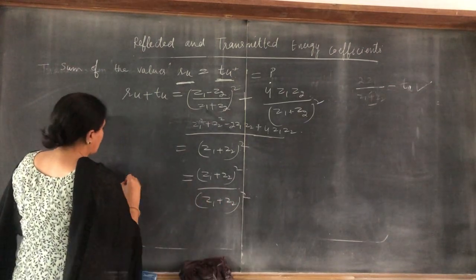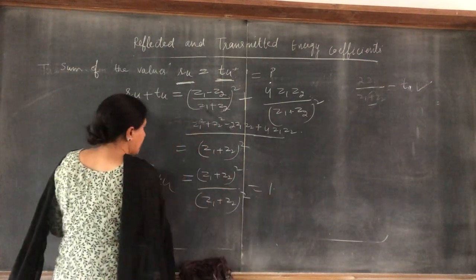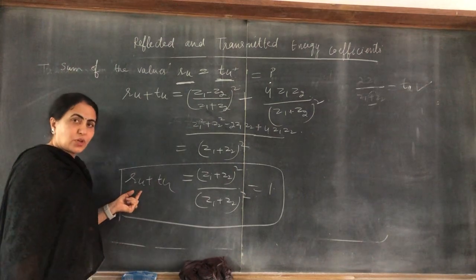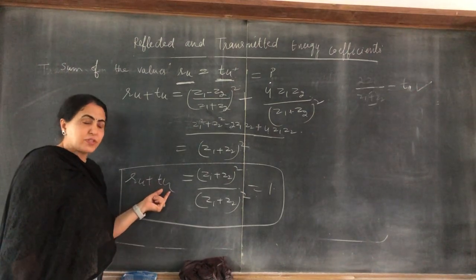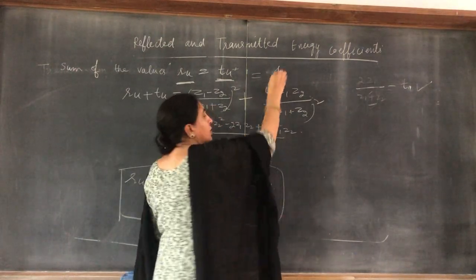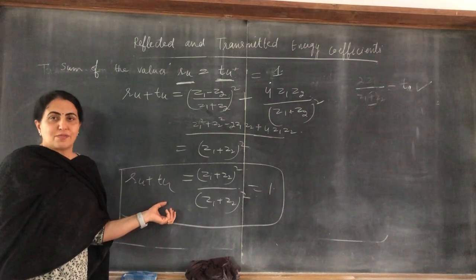So Ru plus Tu is equal to 1. So the sum of the reflection coefficient of energy and the transmission coefficient of energy is equal to unity. It follows the law of conservation of energy.